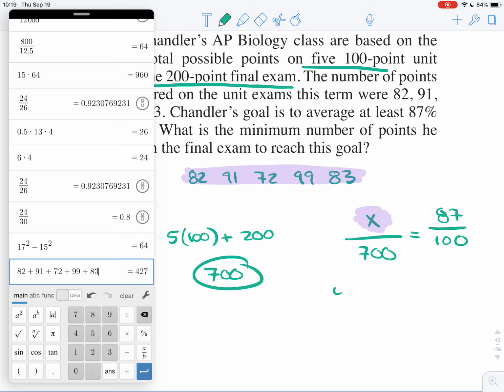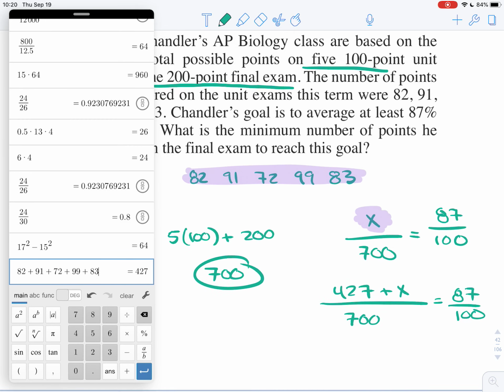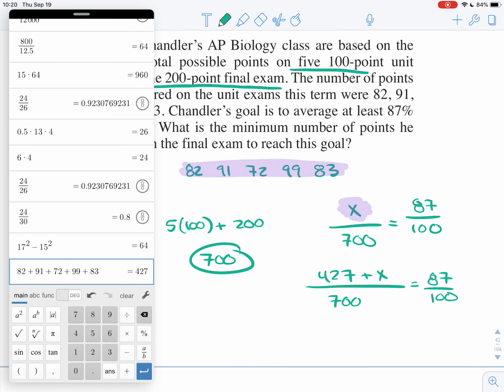Then what we don't know is that final grade, so that's going to be plus x out of 700, and we want that to equal 87%, so 87 over 100.